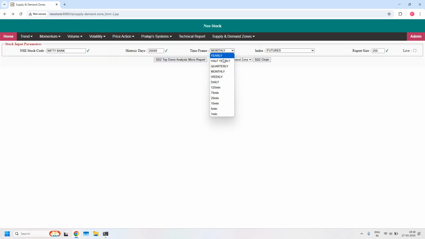Next, generating the weekly supply demand zone chain for Bank Nifty.